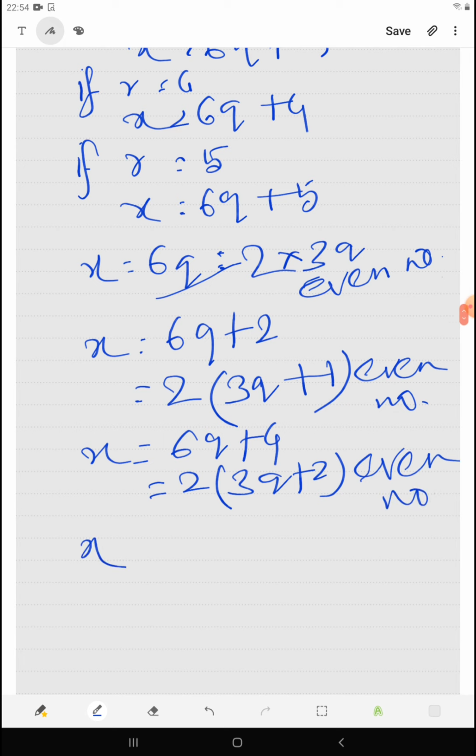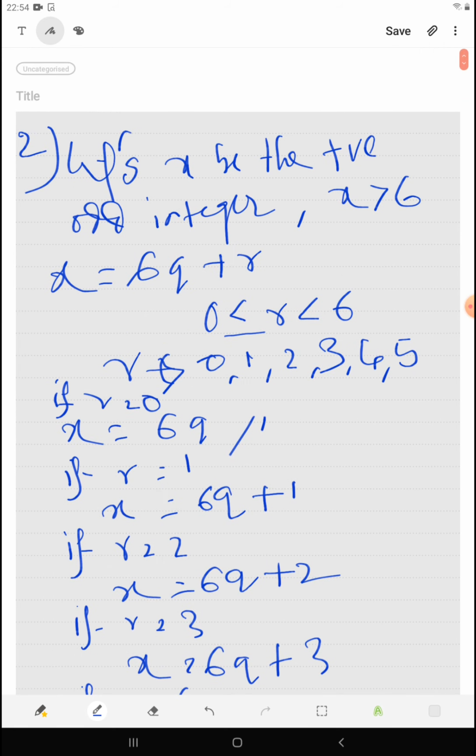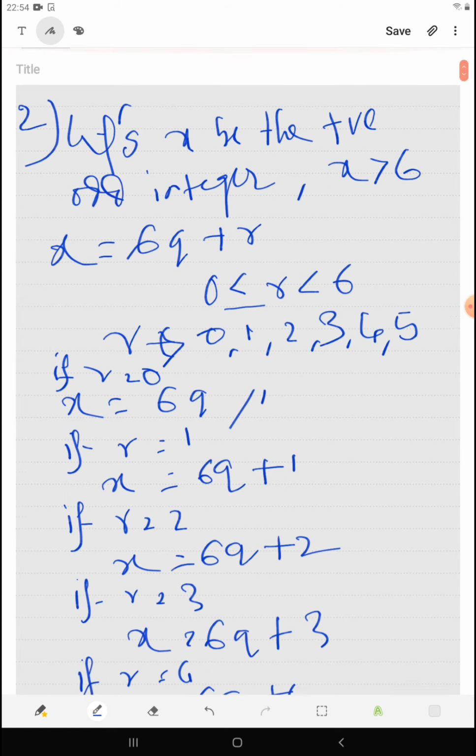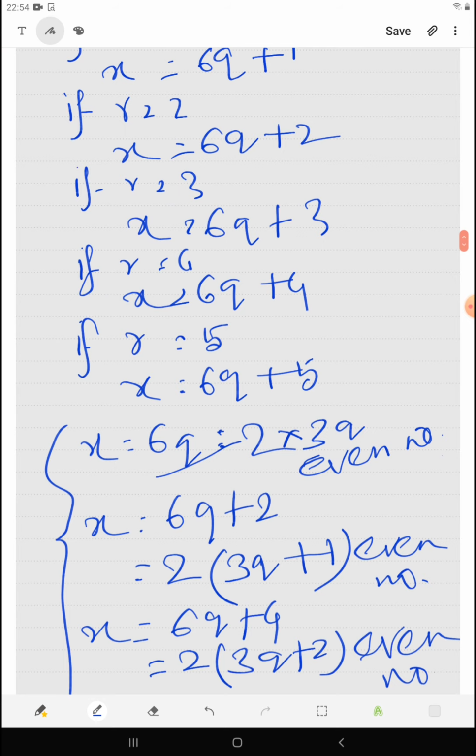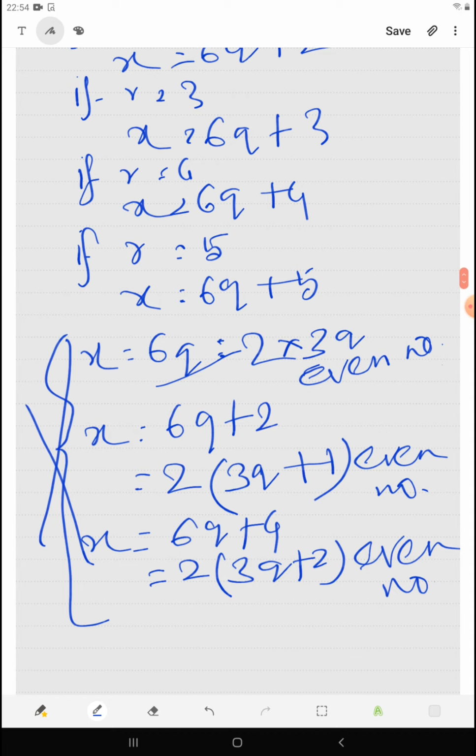So you can see these are even numbers, but the question says x is a positive odd integer. So of course this cannot be odd, because it's an even number.